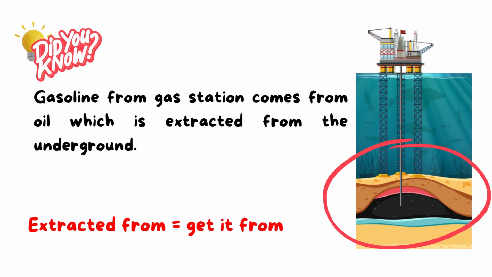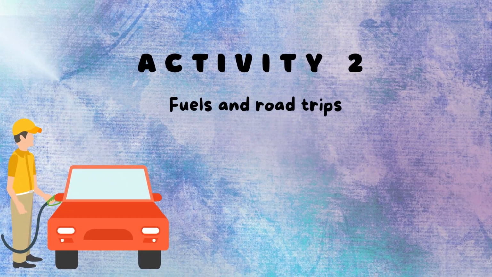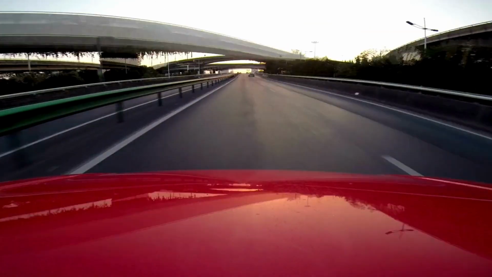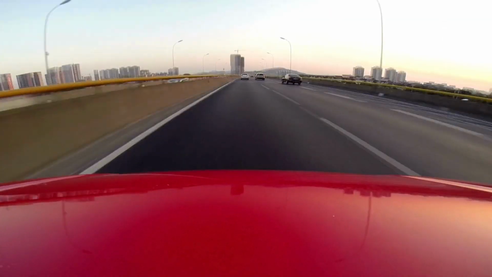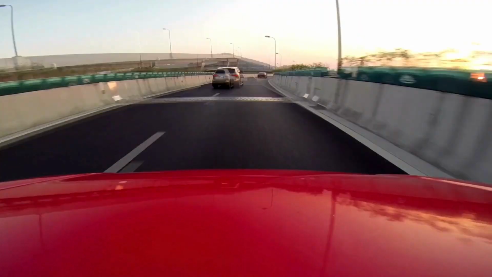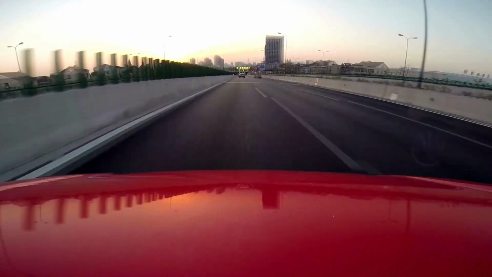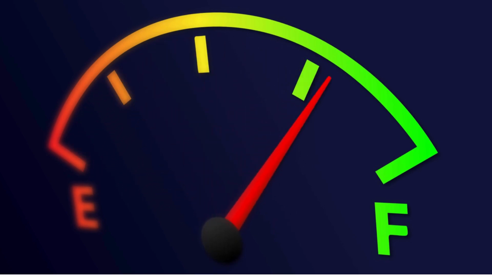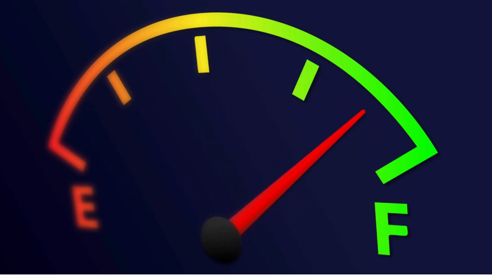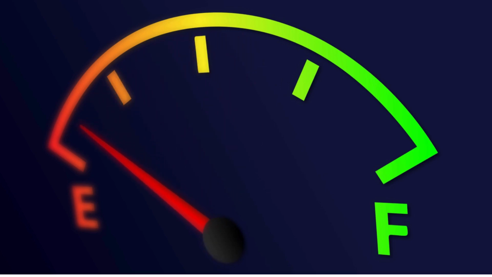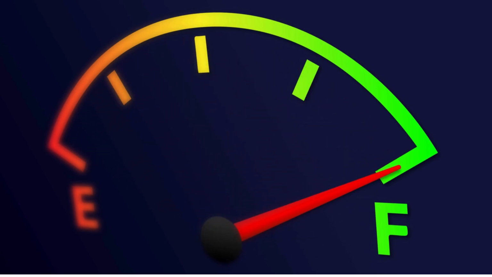So here, we finish activity 1 and we start activity 2, fuels and road trips. And here is an example of how fuel is important, okay? If you go for a trip with your family, with your car, what happens? You need to make sure that the fuel tank is full. Why? Because if there is no fuel, if there is no gasoline, the car can't move, okay?